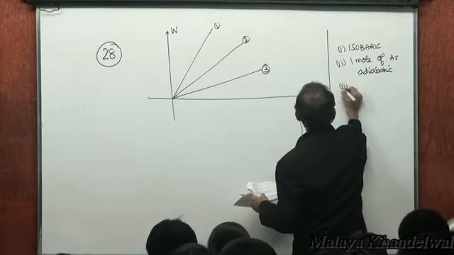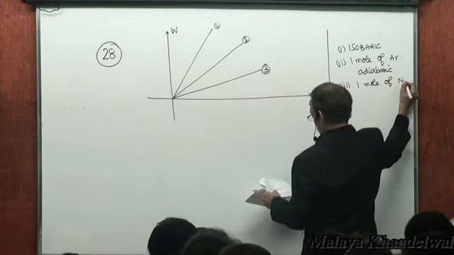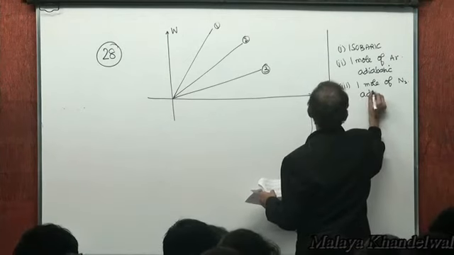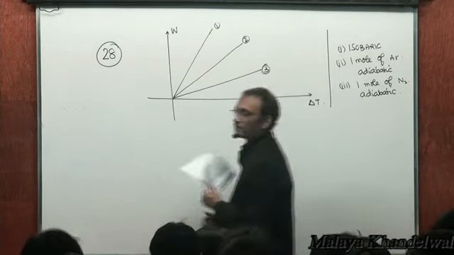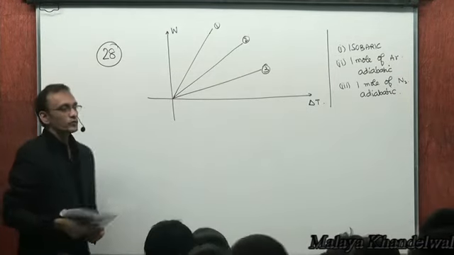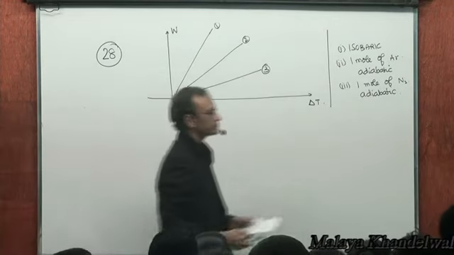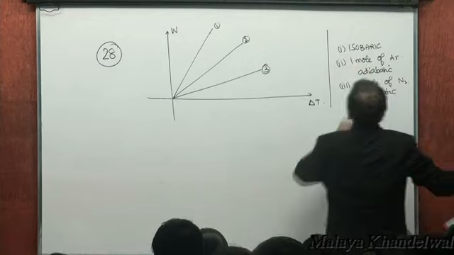Three, 1 mole of nitrogen, adiabatic process. These are the three things. We want to map them onto this graph. Which one represents what? That's what we want to figure out. We'll take 1 mole of the gas.